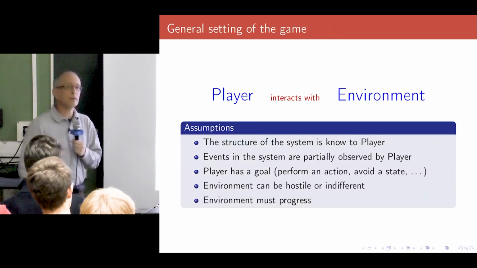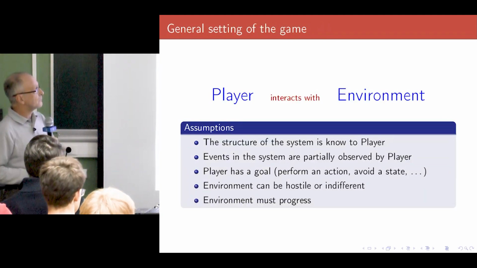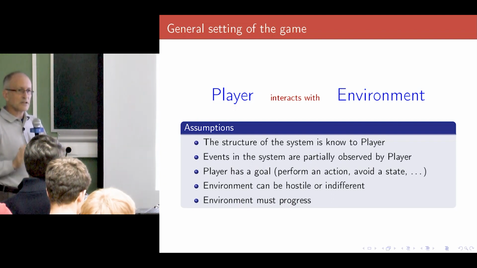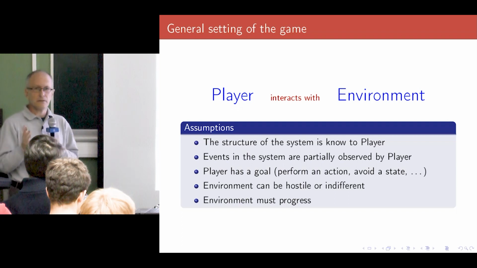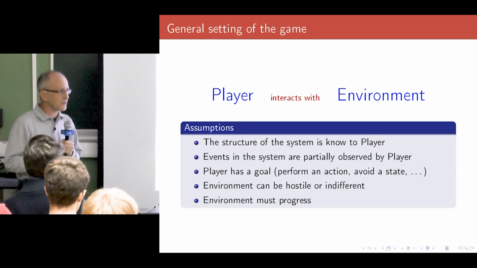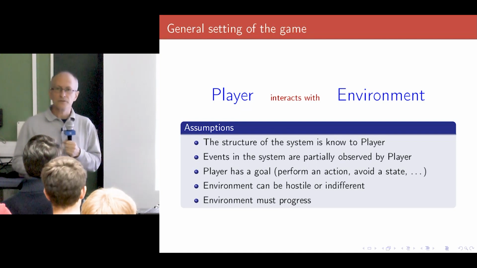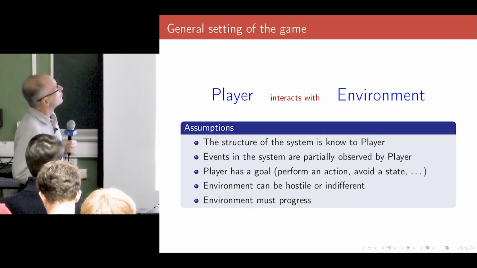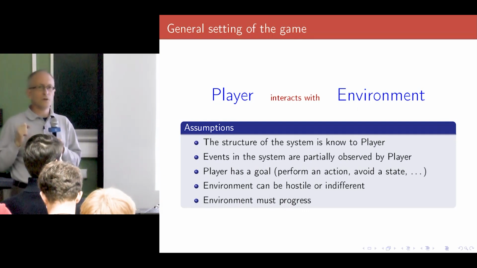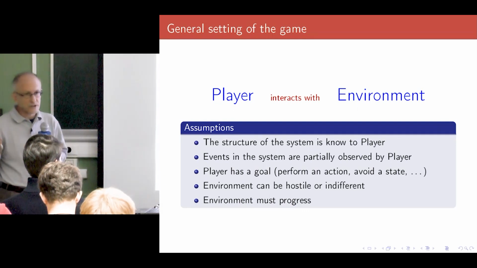So let me try to describe the general setting that I'm interested in dealing with. By the way, please feel free to interrupt me if something is not clear, if you have some questions or comments. So we assume that there is a player. Player is a generic term.